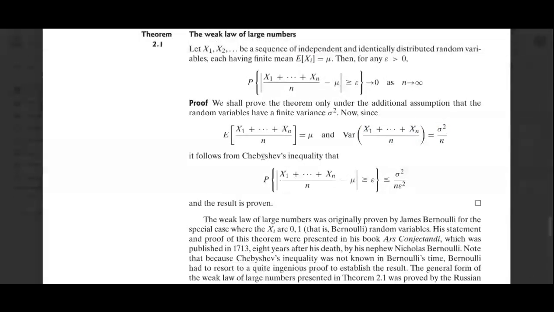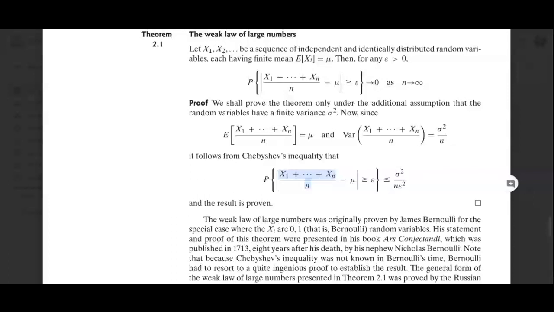So it follows by Chebyshev's inequality that the probability that the average of the n random variables, minus mu, in absolute value is greater than or equal to epsilon, is less than or equal to sigma squared divided by n times epsilon squared.